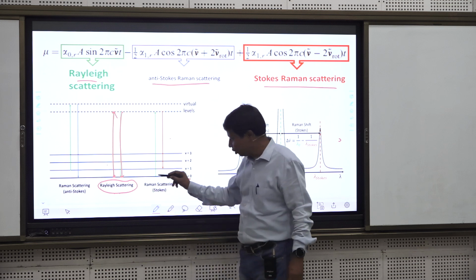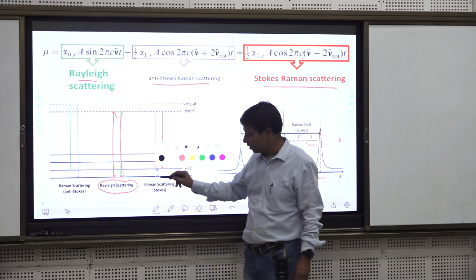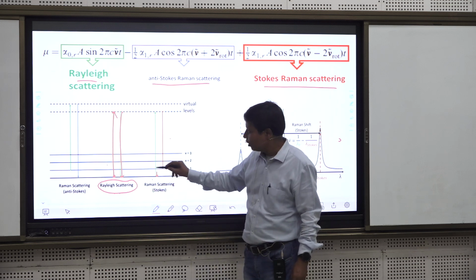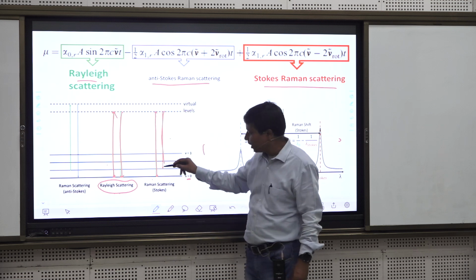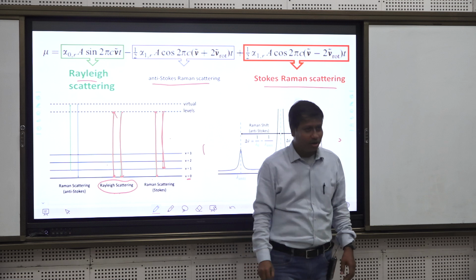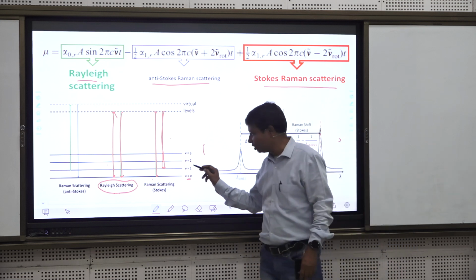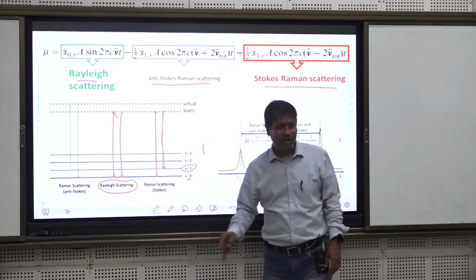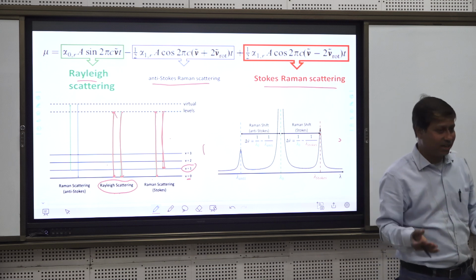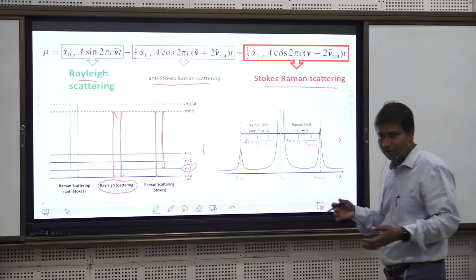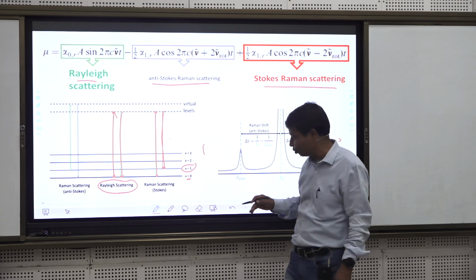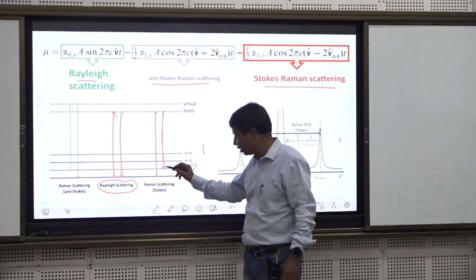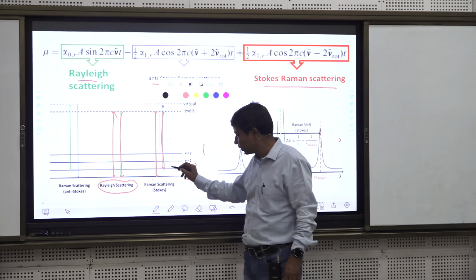Now your molecule is again in the ground state, and it goes to the same virtual state and comes back to a vibrational state, which is V equal to 1. Where it will come back depends on the selection rule. In the case of rotational, this change will be delta J plus minus 2. In this case, it is plus minus 1. So it comes back here.